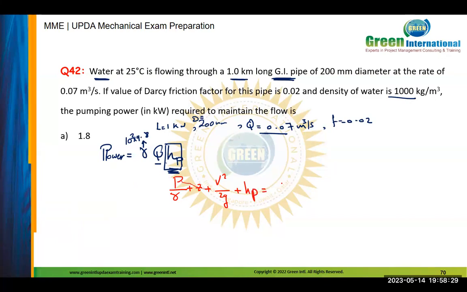The energy equation: P over gamma plus Z plus V square over 2g, for state 1 and state 2. Do you have losses? Yes, for sure. We have f here.